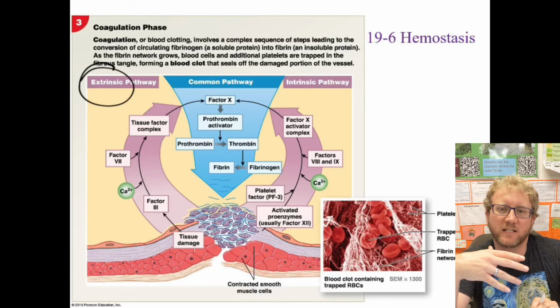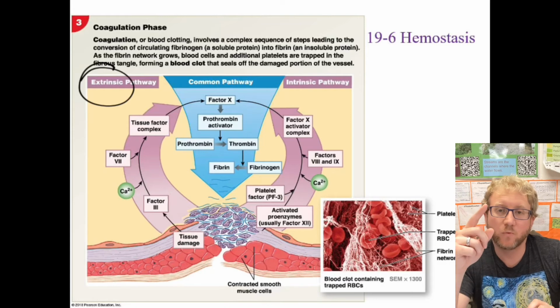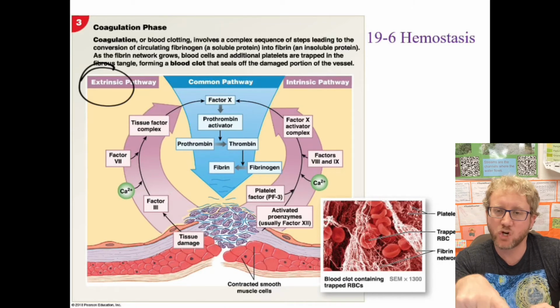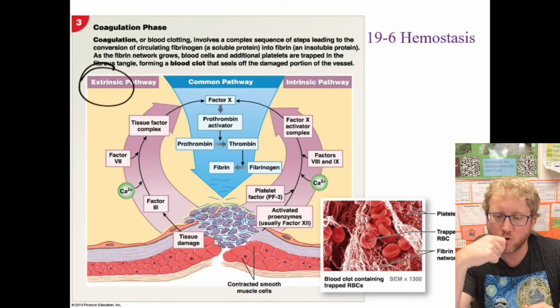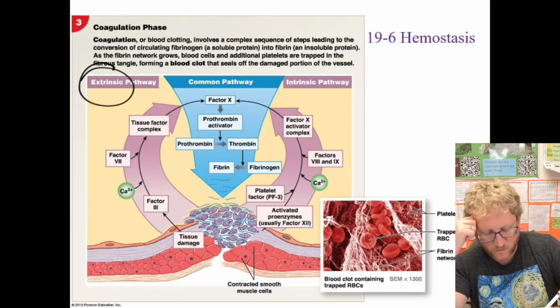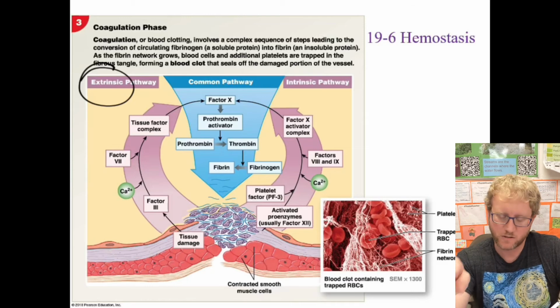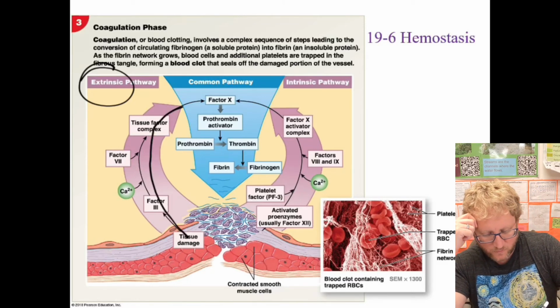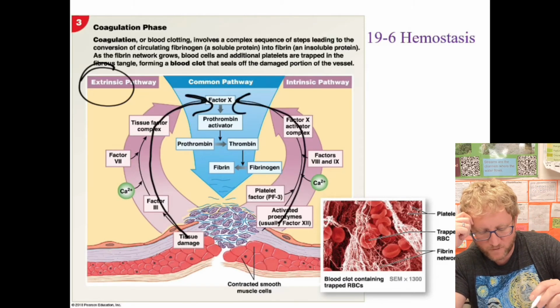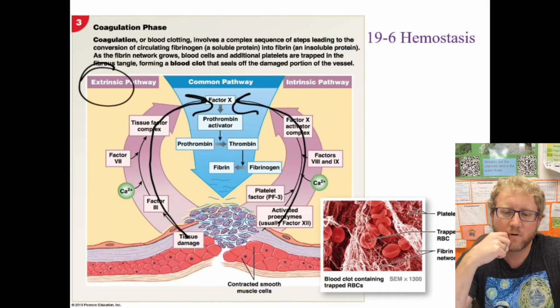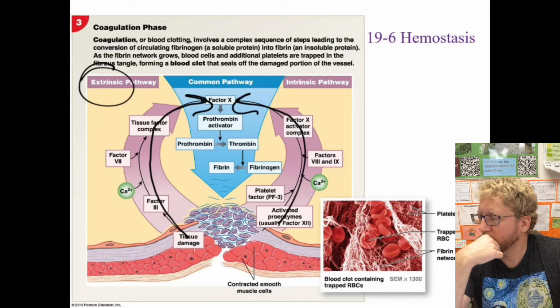Now, I'm not going to go into a whole lot of detail about these. Take some time, look at this chart, copy it down into your notes. But both of these pathways, releasing different types of factors, end up going into a common pathway where we have something called clotting factor 10 or clotting factor X.